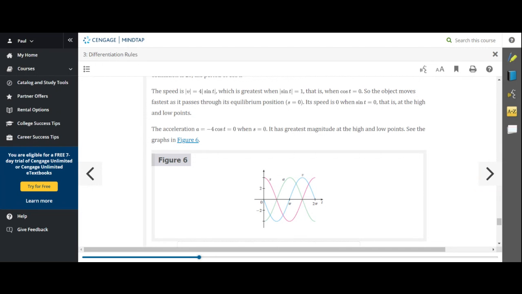But does that make sense? Does that make sense? Because when the position of the mass at t equals pi is -4, is the spring completely stretched, or is it completely shrunk at t equals pi, when s equals -4?